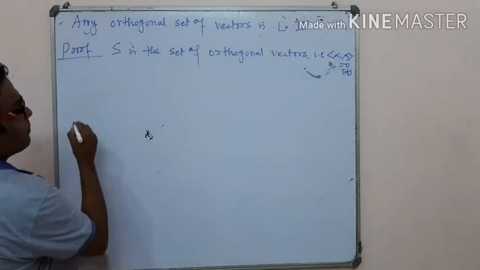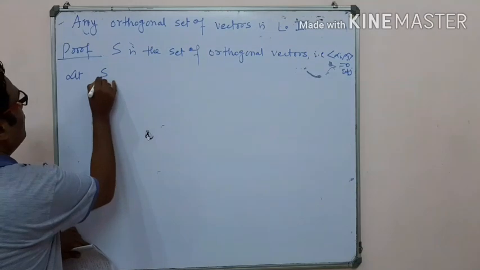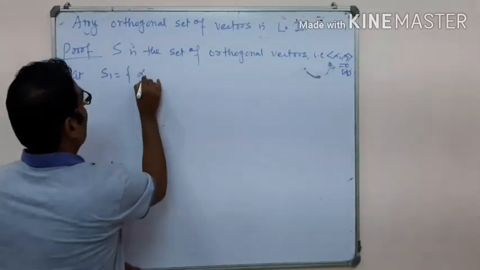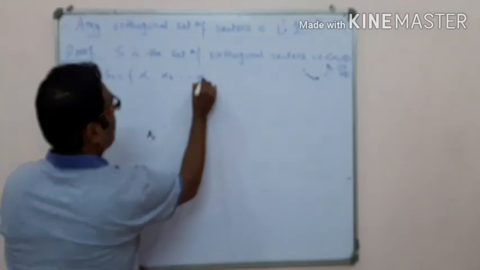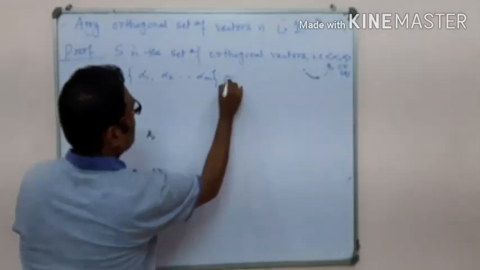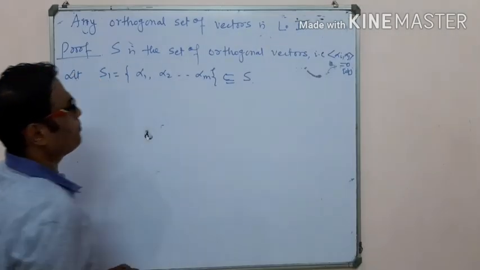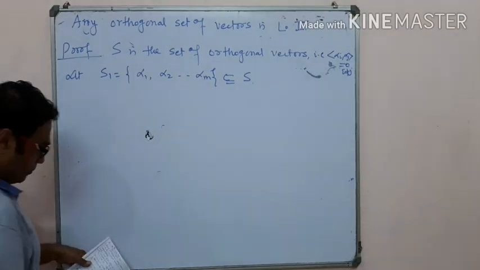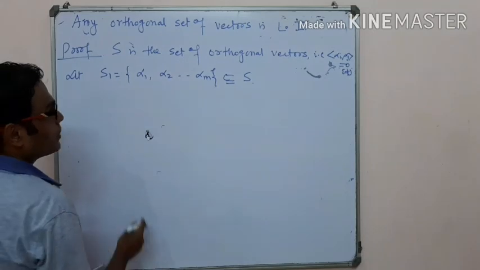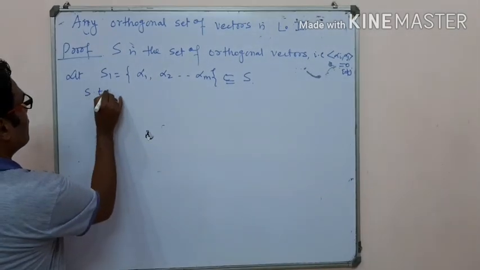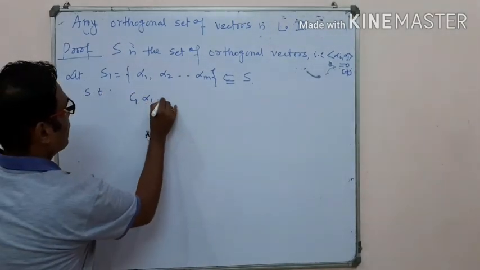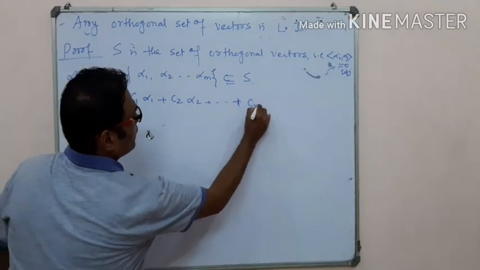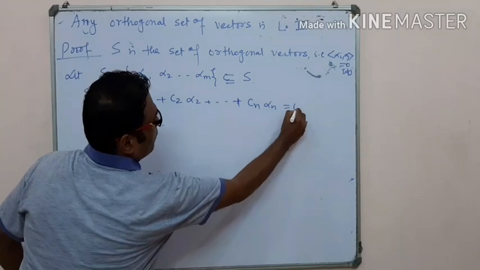Now let S1 be equal to alpha 1, alpha 2, ..., alpha m, which is a subset of S, such that C1 into alpha 1 plus C2 into alpha 2 plus ... plus Cm into alpha m is equal to 0.